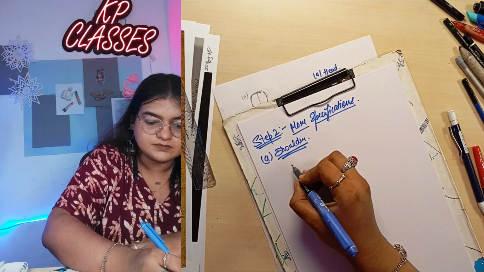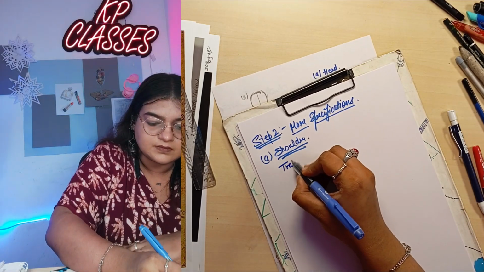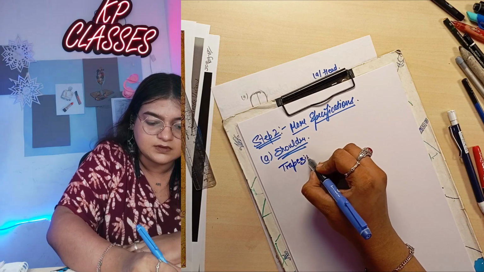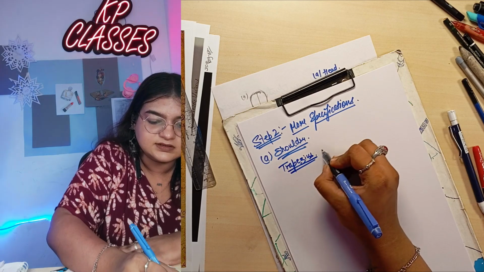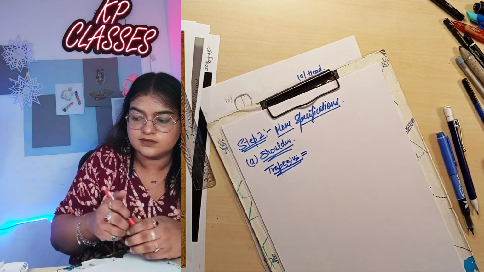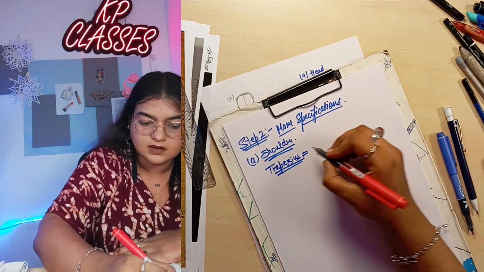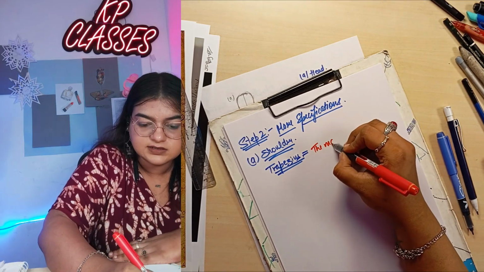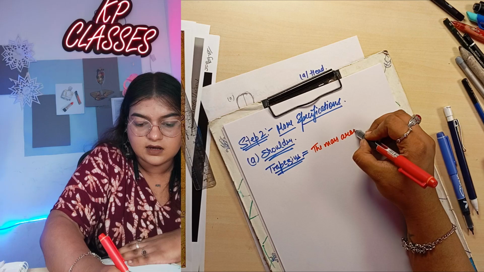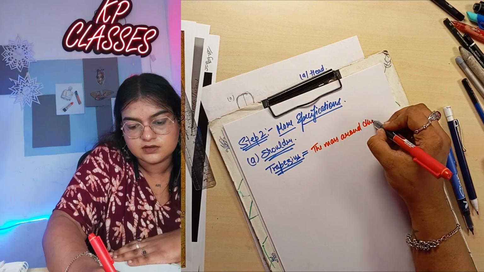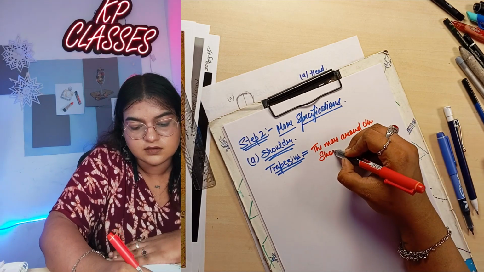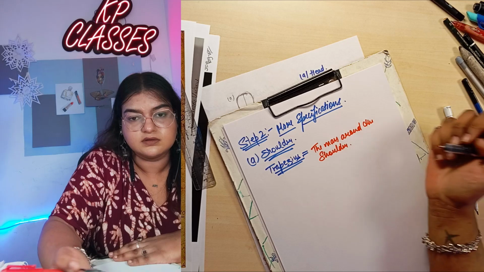So your trapezius is equal to the mass around the shoulder.